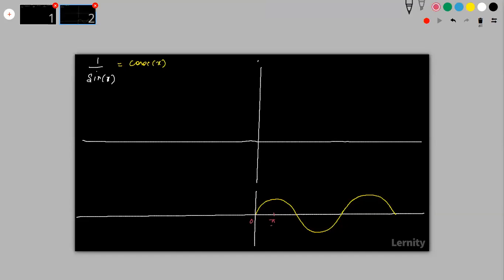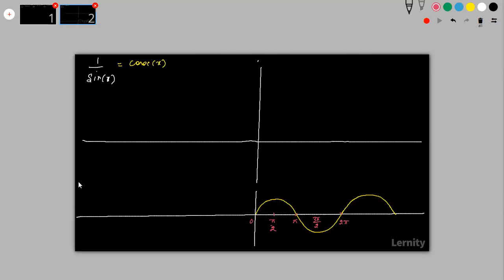This is pi by 2, this is pi, this is 3 pi by 2, and this is 2 pi. So 0, pi by 2, pi, 3 pi by 2 and 2 pi.